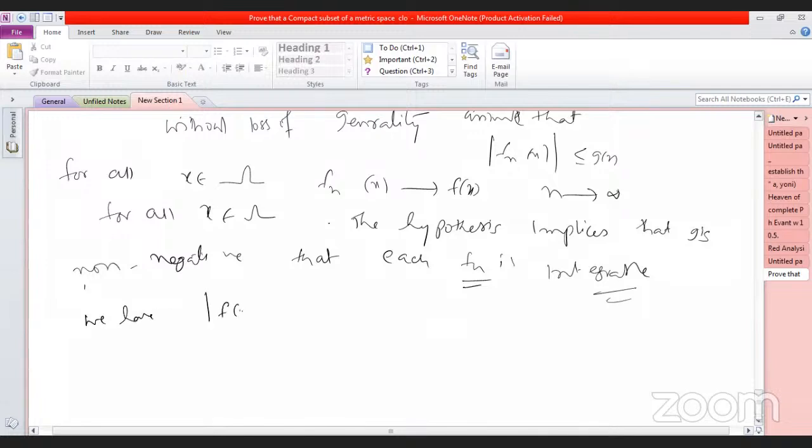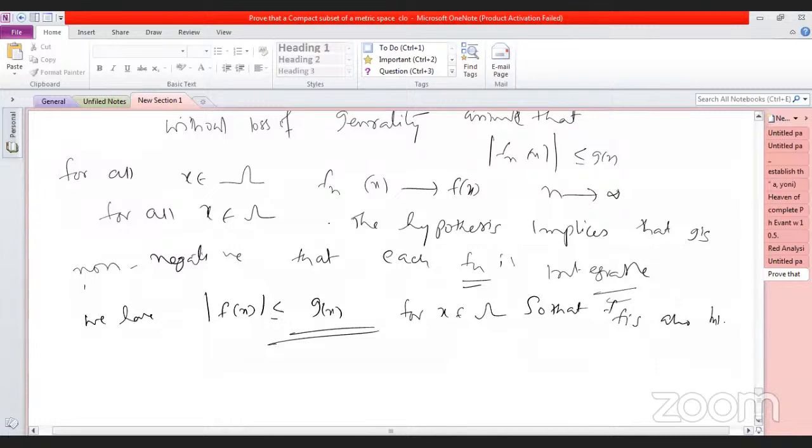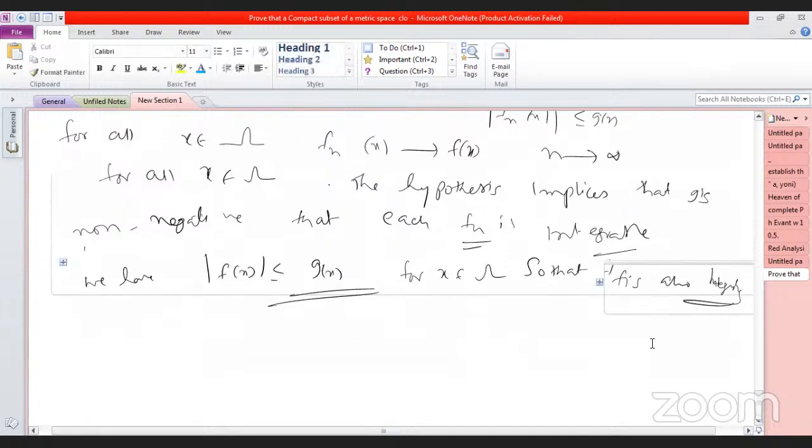Moreover, modulus of f(x) is less than or equal to g(x) for all x belongs to omega, so f satisfies this condition and is also integrable. So both are integrable.